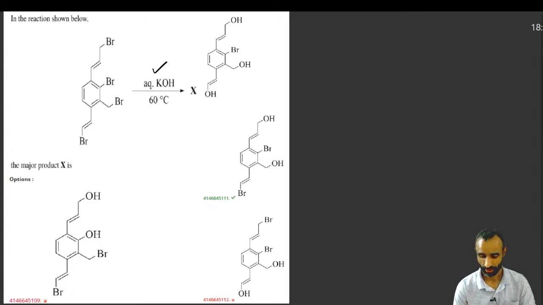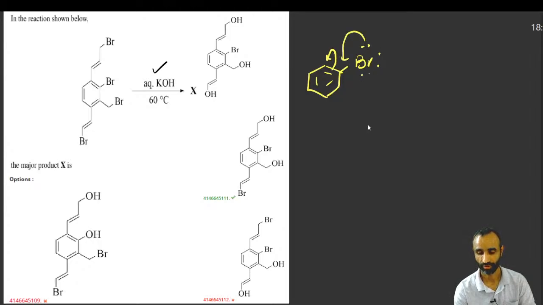But yes, if it is aromatic, there is a double bond character, and if it is vinylic, not allylic, again there is a double bond character.